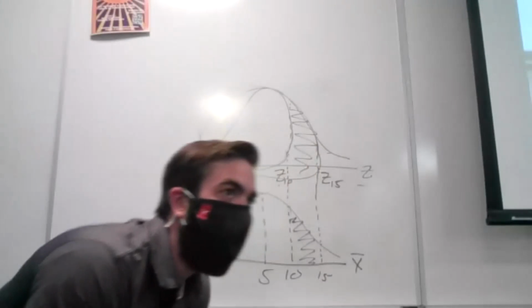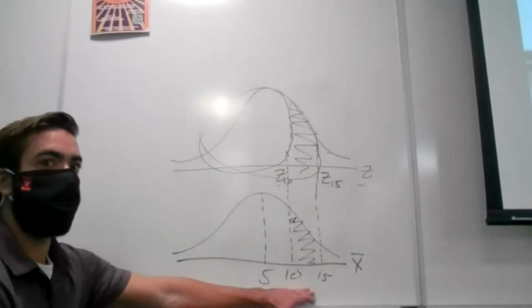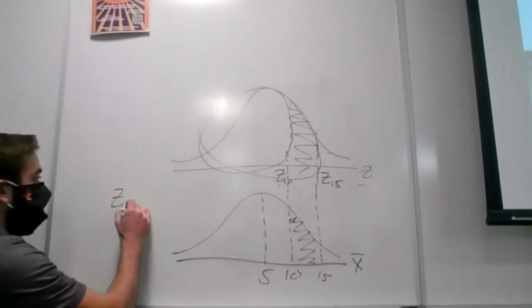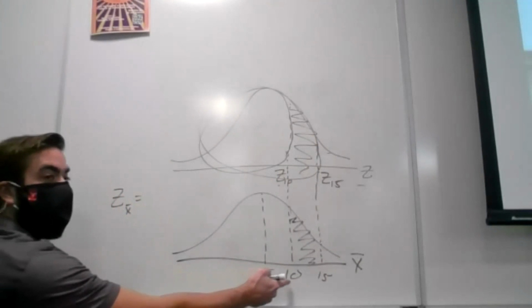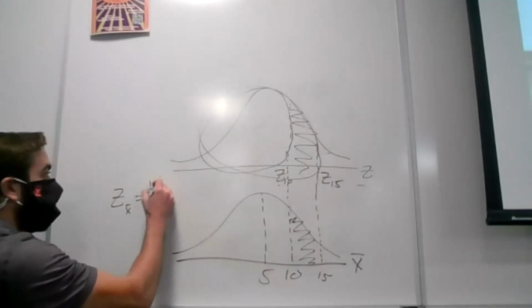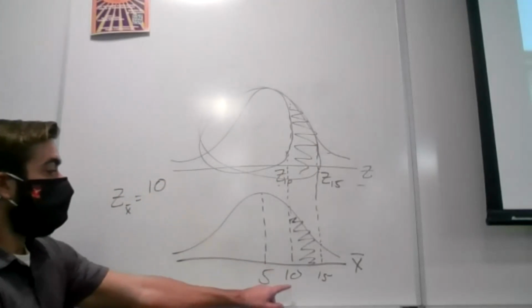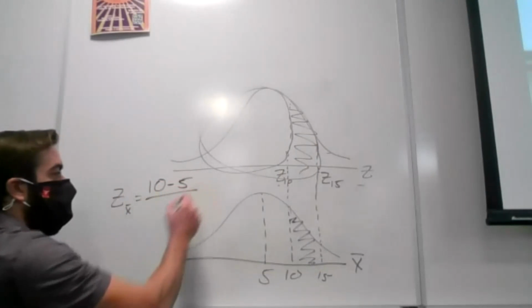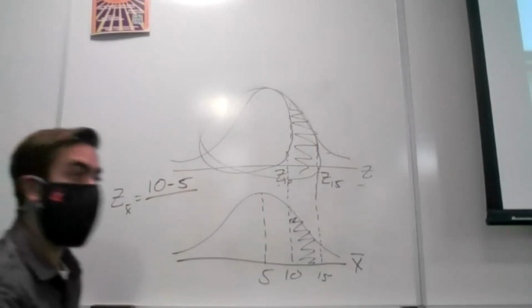So how do I turn these values into z-scores? The equation for the z-score was: take whatever cutoff value I'm interested in, so we'll do 10 first. Subtract the mean of your sample means, which is 5. Divide by the standard deviation of your sample means.